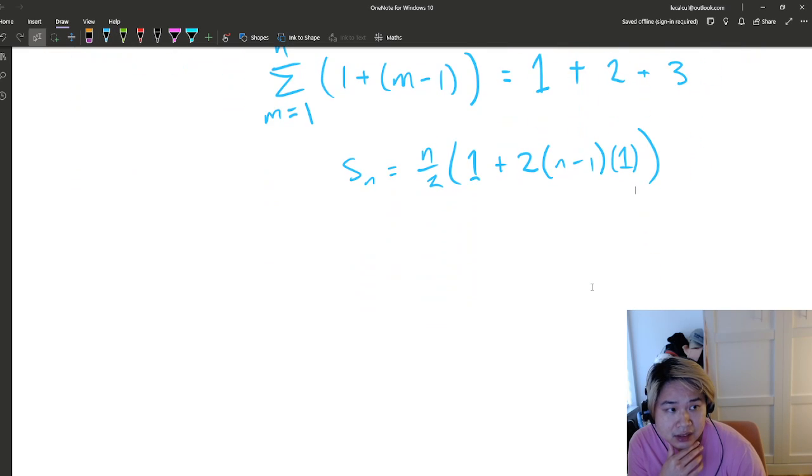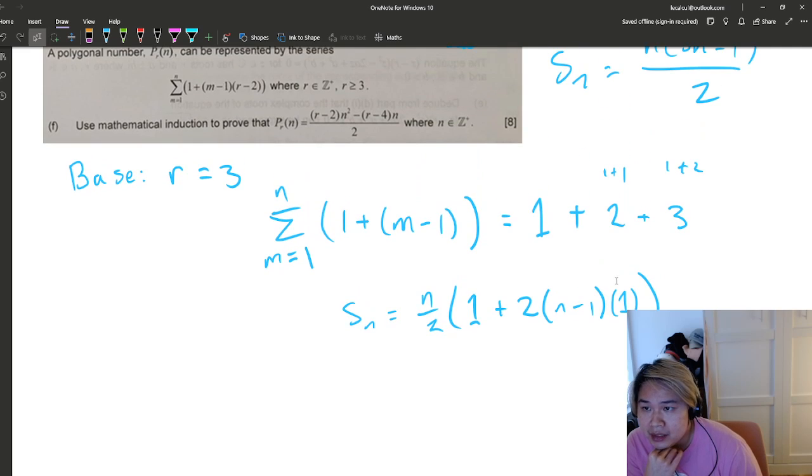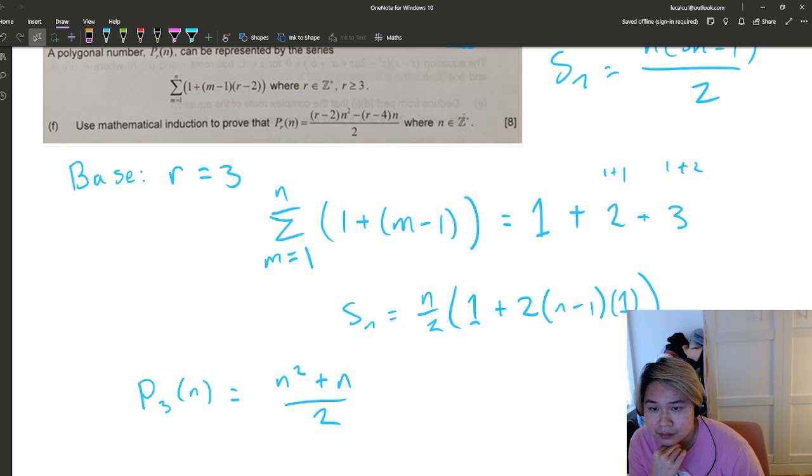So I'm using this sum formula, and if I manipulate this, it should look like that. And then P3 of n. Again, we already know that this looks like n squared plus n over 2.